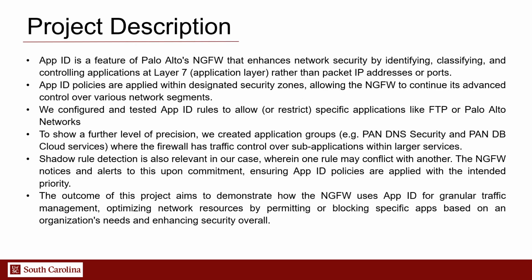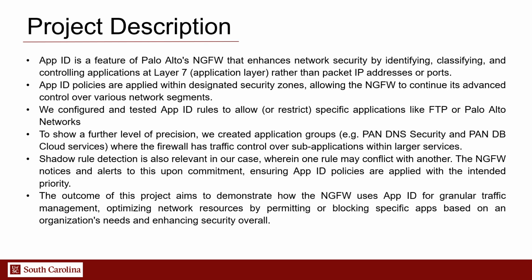This project highlights how Palo Alto's next-gen firewall uses App ID to enhance security by identifying, classifying, and controlling applications at the Layer 7 application layer. Unlike traditional methods, App ID focuses on application behavior rather than ports or IP addresses.